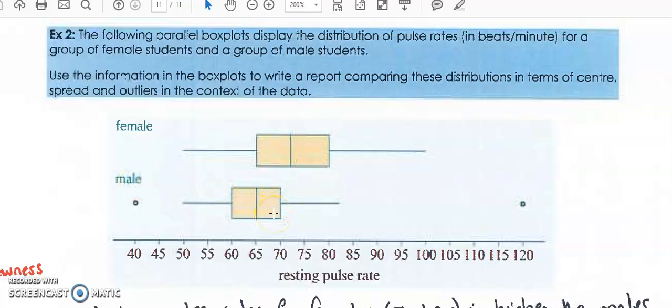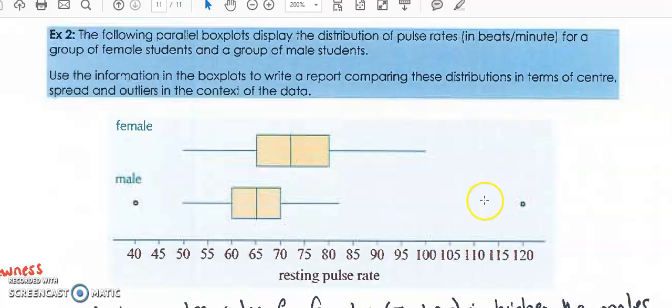The two biggest differences you can see for the males are that most of the data, specifically the interquartile range, is shifted lower and is smaller in comparison to the female students. Another thing you can identify is that there are two outliers, one bottom outlier and one top outlier.